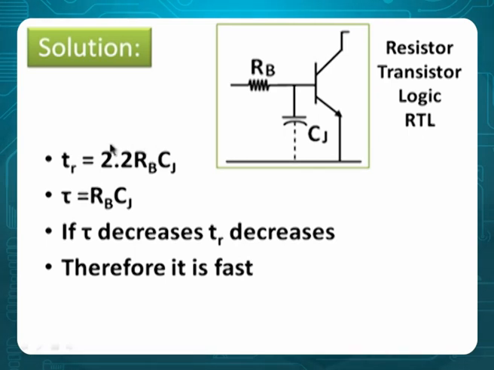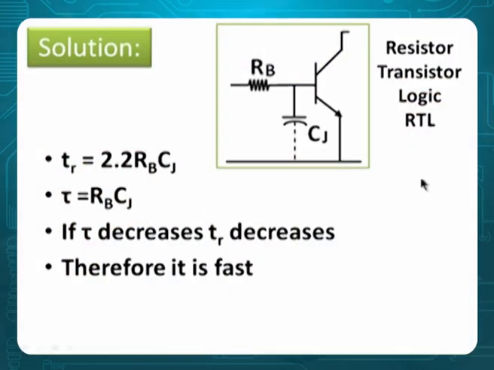If you derive an expression, which is already done in networks, rise time is 2.2 into RC. In circuit theory, we just took it as R and C. But now that C is not an ordinary capacitor, it is the internal capacitor of the transistor. That's the main difference between electrical circuits and electronic circuits.